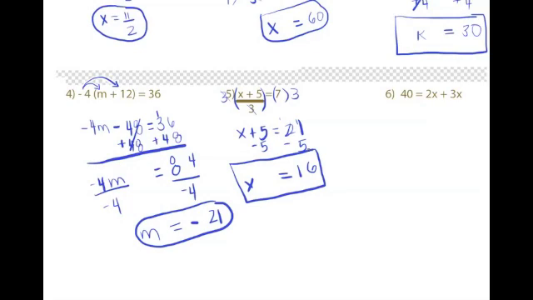So x equals 16, since the whole thing over here was over 3, I multiplied 3 on both sides.